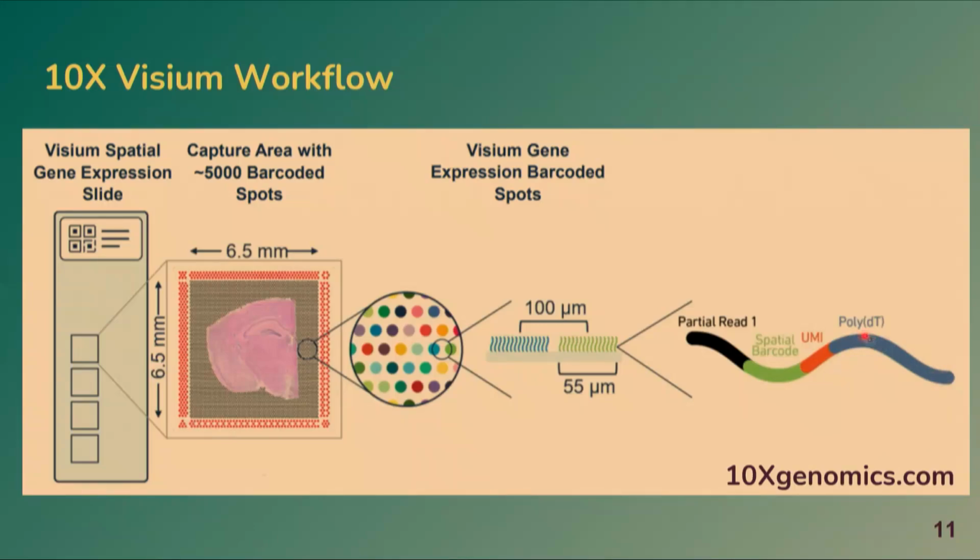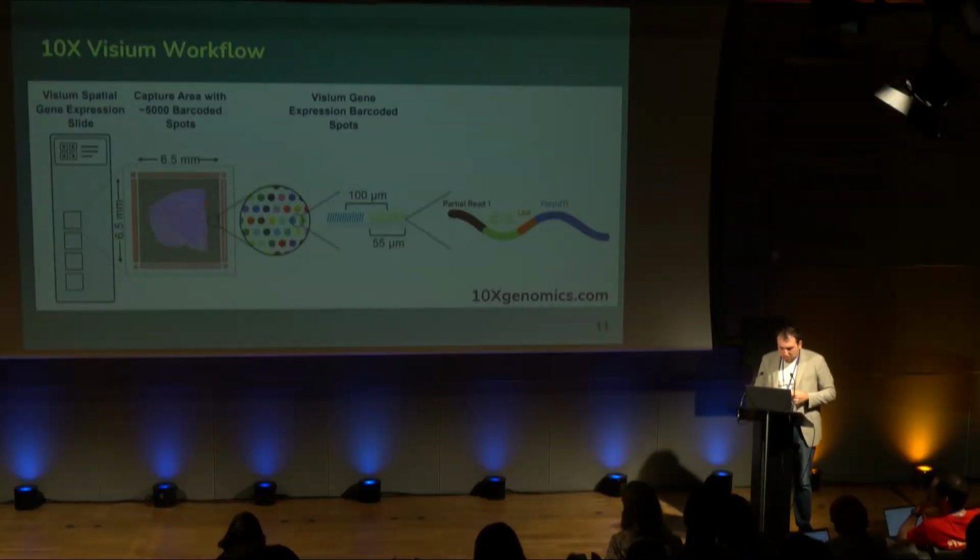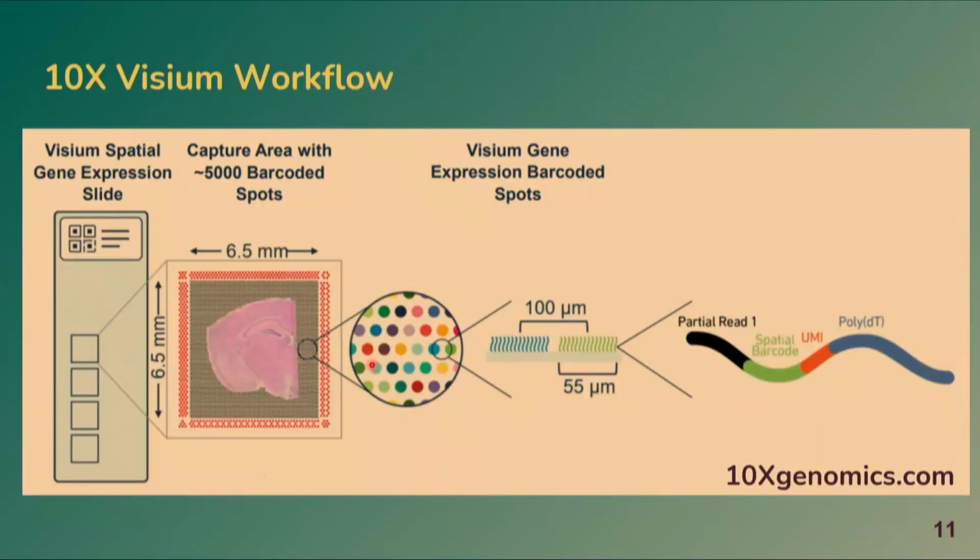We also have a poly-dT, which is a sequence of thymines used to help capture the DNA sequence, and the read of this DNA sequence itself. And besides that, we also have the staining, hematoxylin and eosin, the histological image, which is also used for analysis.